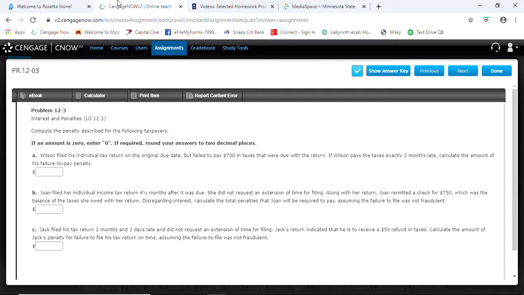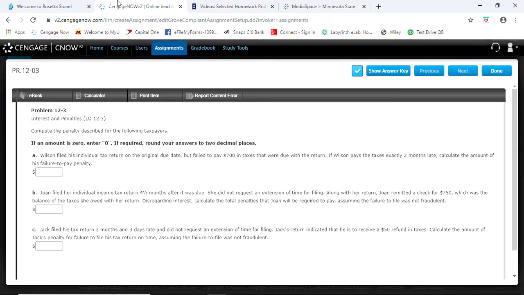Of course the IRS wants to make us pay and discourage us from not filing our tax return or not paying any tax that's due, and the penalties can get a little steep, especially if there's fraud involved. Even if you file bankruptcy, money that's owed to the IRS is not something you can write off in bankruptcy. So it's just something that you're stuck with.